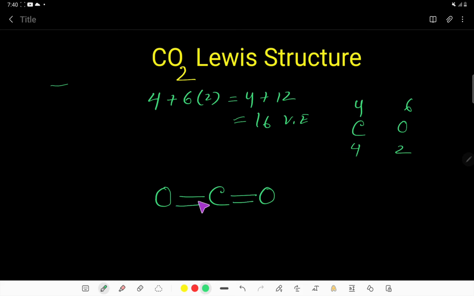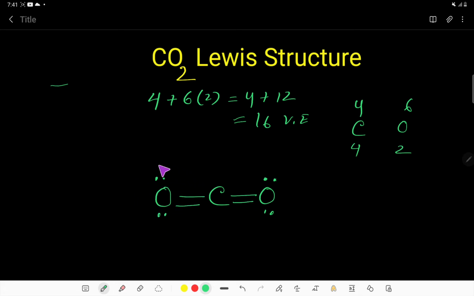So now look, this oxygen has 4 valence electrons, so to fulfill its octet it will take 4 more valence electrons, right? Now count, this oxygen has 2, 4, 6, 8 and this oxygen has 2, 4, 6, 8.